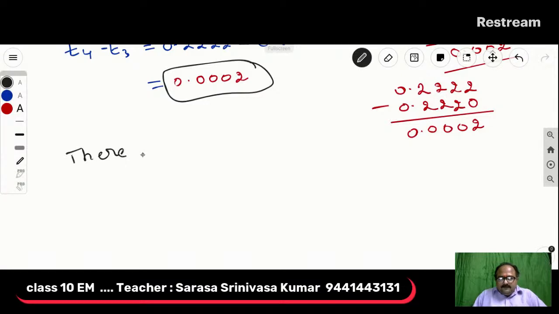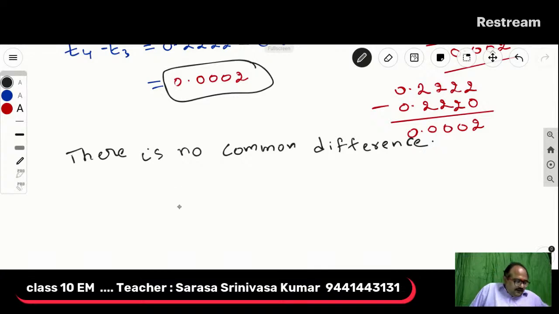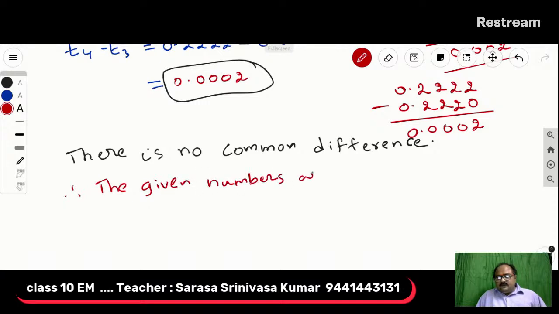There is no common difference. So the given numbers do not form an arithmetic progression. Therefore, the given numbers are not in arithmetic progression.